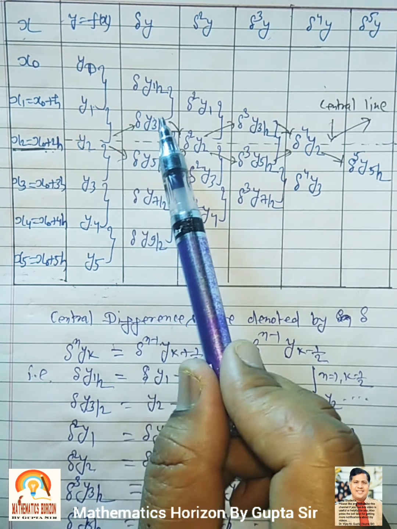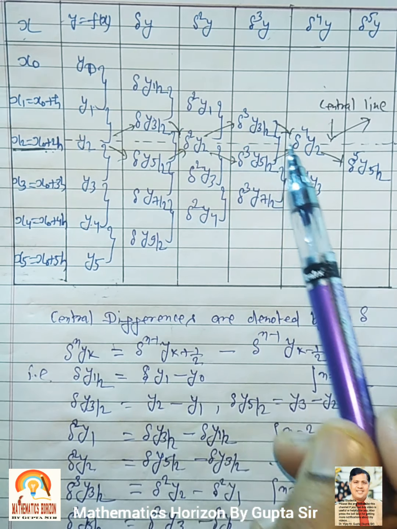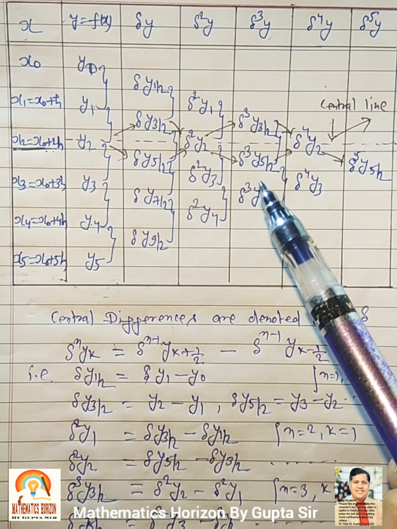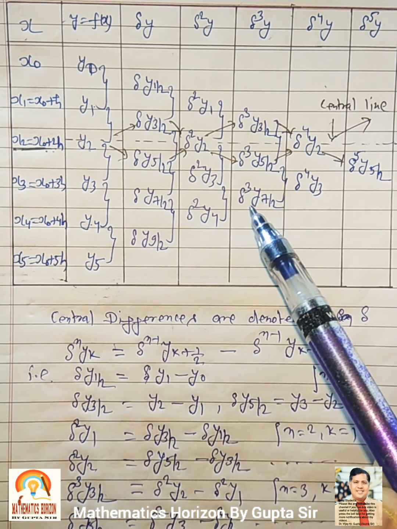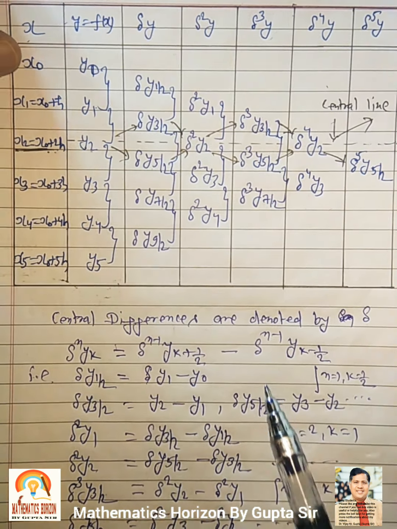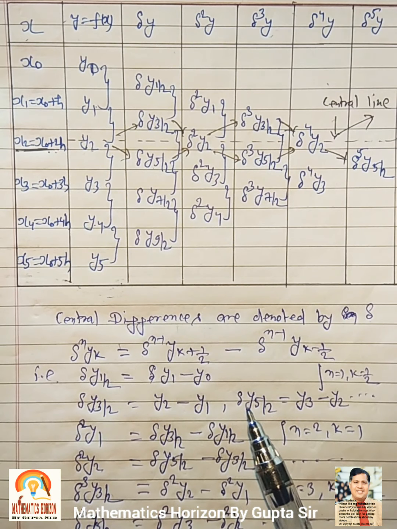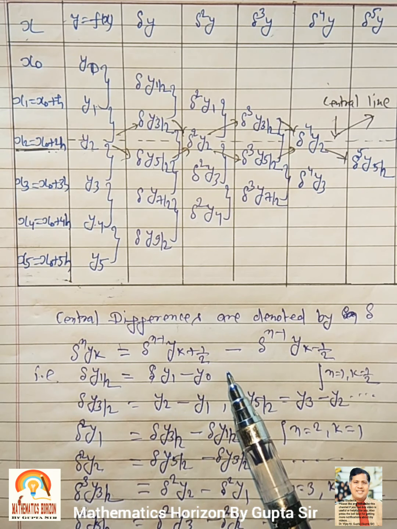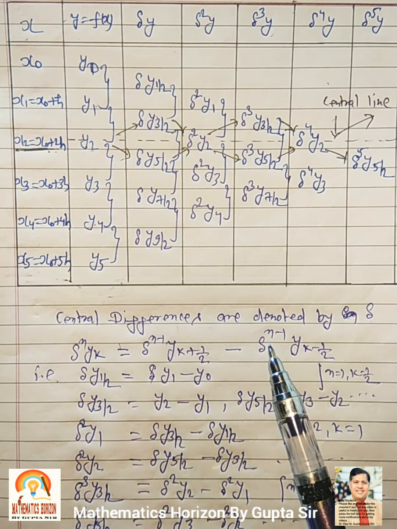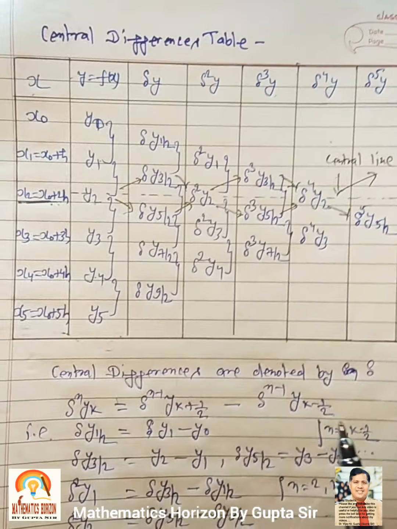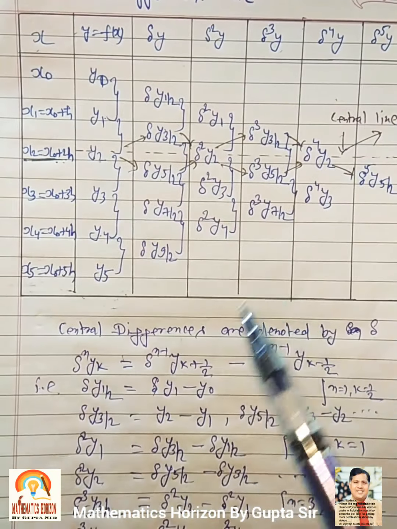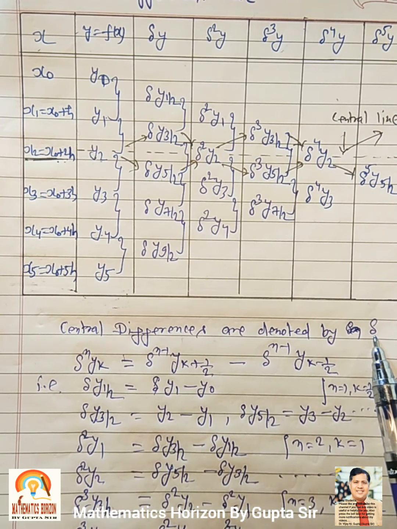These are the differences which we will use in Gauss forward, Gauss backward, Stirling's, Bessel's interpolation formula, or Everett's formula.